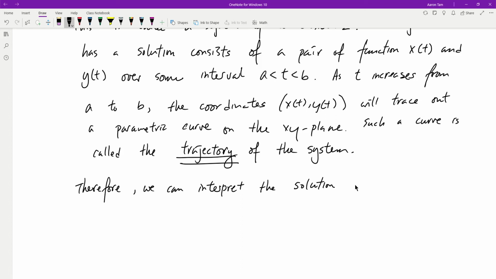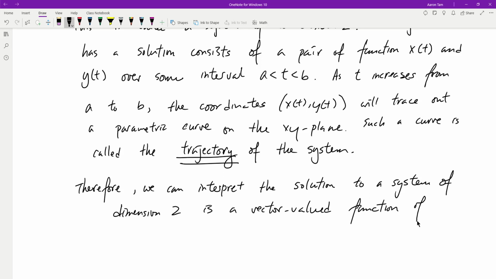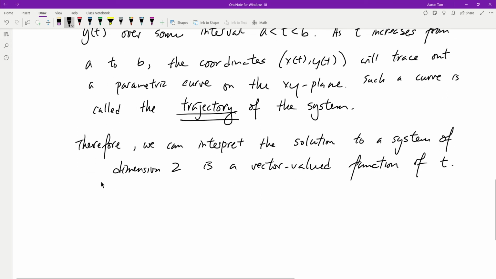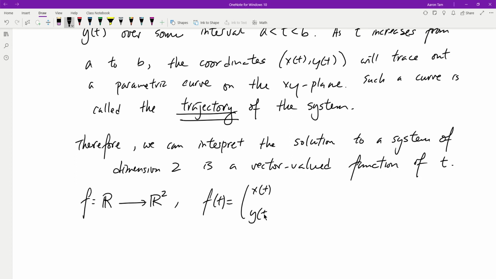So we can interpret the solution to a system of dimension 2 as a vector valued function of t. Therefore our function f maps from R to R2, and f is in the form f of t is equal to x of t, y of t.